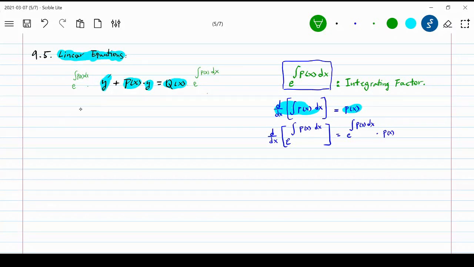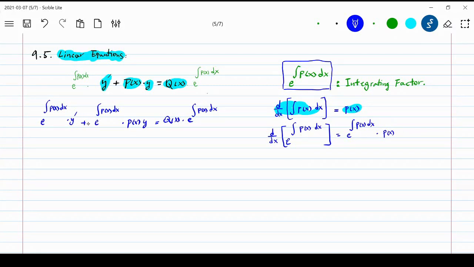I'll write it in blue: e to the power integral of p of x dx times y prime, plus e to the power integral of p of x dx times p of x times y. On the right side you have the q of x function multiplied by e to the power integral of p of x dx.